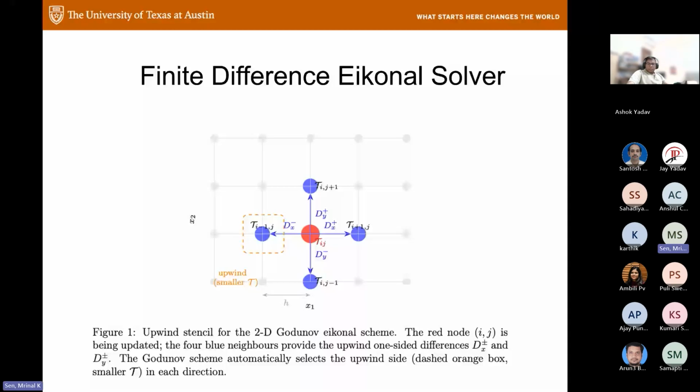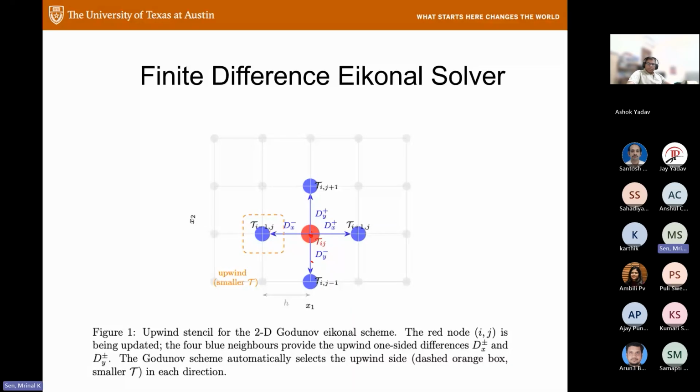Let's say that you know the travel time between these points and you want to compute the travel time here. Okay. So you calculate those gradients and then decide which one is the minimum here. Okay. And then you proceed further.